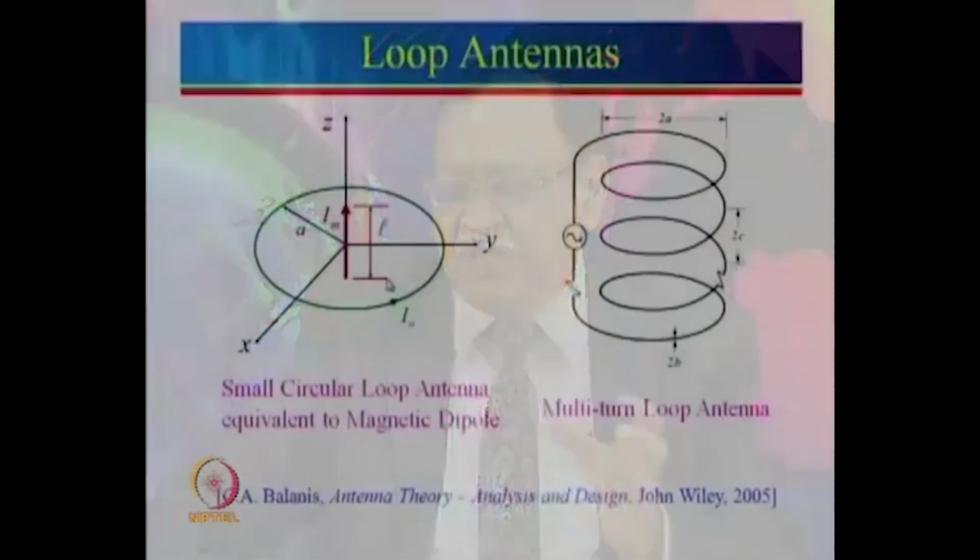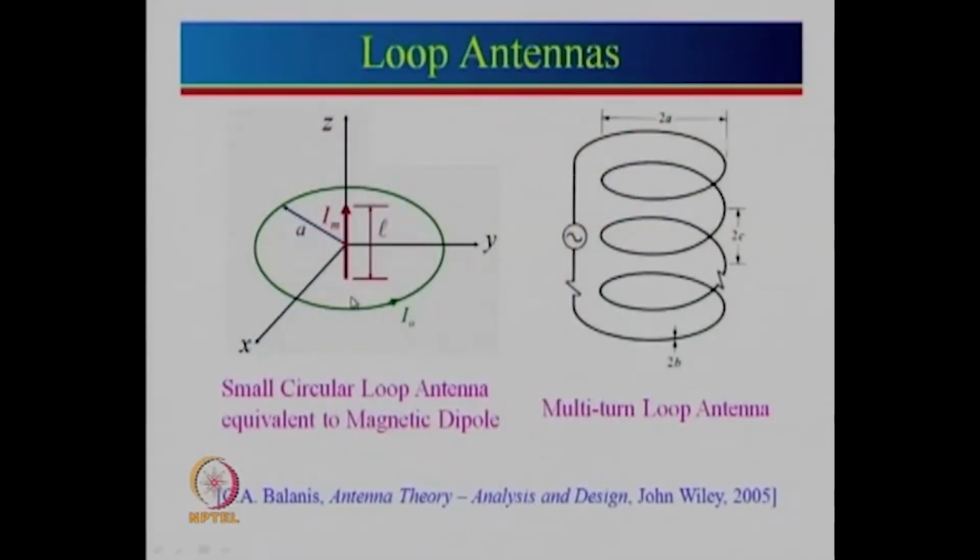Now, for the loop antenna, we can actually think reverse of that. So, loop antenna current is moving in a circular fashion. So, this can be thought about now, that this is equivalent to, instead of an electric dipole, a magnetic dipole, then this will be the field around that. So, the approximation actually is valid, that instead of using an electric dipole, all we need to do is think of this as a magnetic dipole.